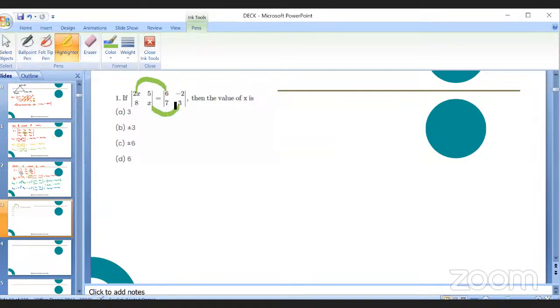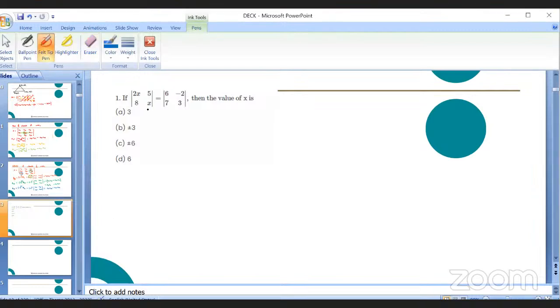Don't compare x with 3. In matrices, you do that. Yes. Vinushri is correct. Not option A, not option B. Option C is the correct answer.